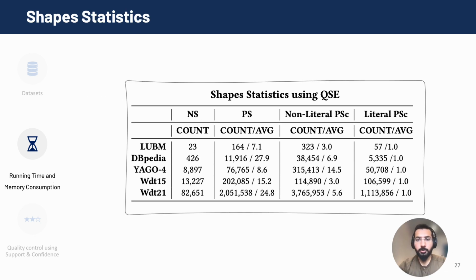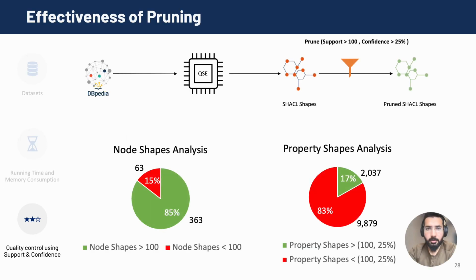This table shows the statistics of shapes extracted from each of the datasets. For Wikidata, it extracted 82,000 node shapes and more than 2 million property shapes. To prove the effectiveness of using support and confidence to prune spurious shape constraints, we set support greater than 100 and confidence greater than 25% and extract shapes from the DBpedia dataset.